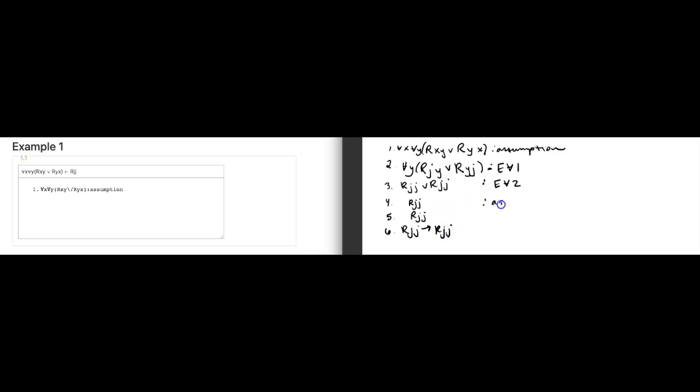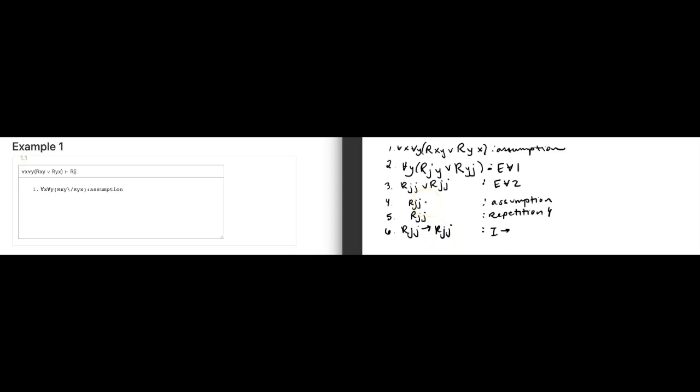So we had an assumption. The next line was repetition of line 4. And then we had introduction of a conditional on the subproof, and so we don't actually need to cite the line numbers for that.